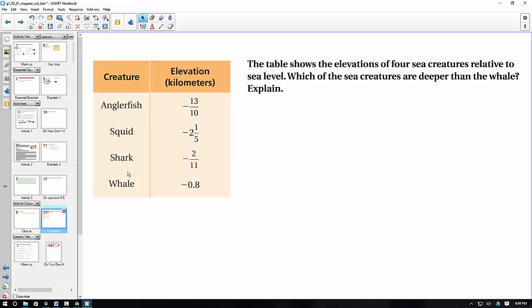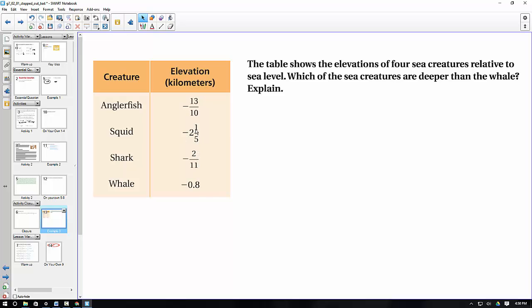So if you look at these, these are the different fish and the elevation at which they travel in the ocean. And it says which of the sea creatures are deeper than the whale. So the whale is -0.8. So which number here is smaller or deeper in the water than -0.8? Well, if you look at it, this right here is not going to be deeper.